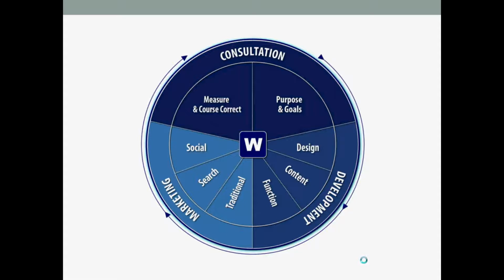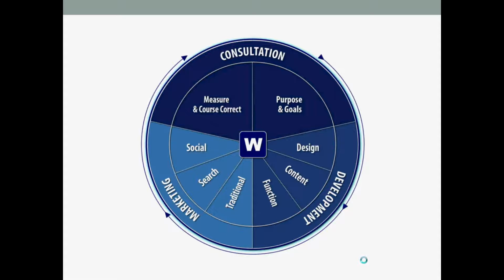So once we do that, and we've driven some mice to the mousetrap, then it's time to measure and course correct. This is something that very few website owners and very few practices that have websites do. Just taking a look at, okay, this was the plan. Did we execute on it? Did anybody sign up? Did anybody make an appointment?